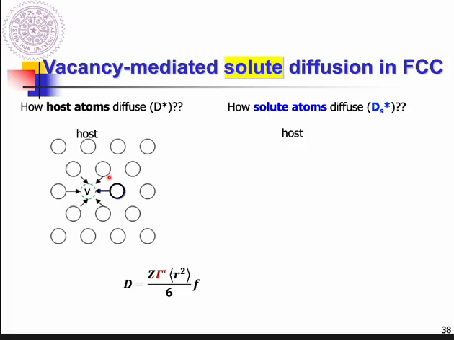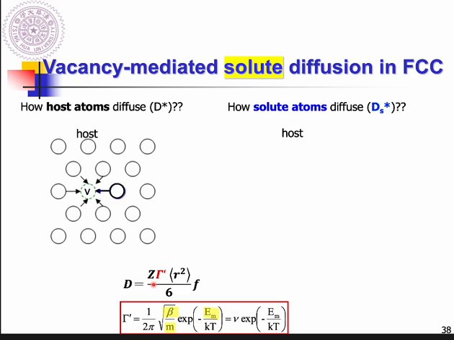Under this situation, based on the equation solutions, you get the possible jumping directions, each jump distance, and gamma prime. And gamma prime involves the bond strength, reduced mass, and also migration energy.